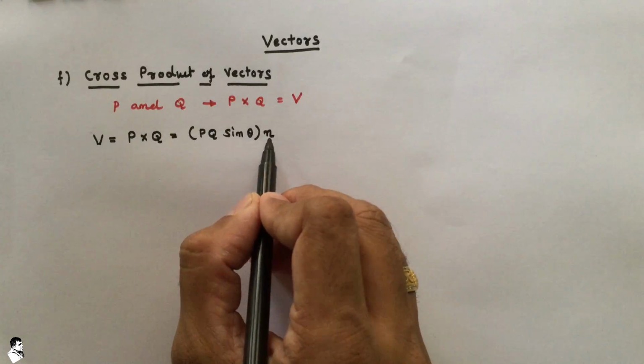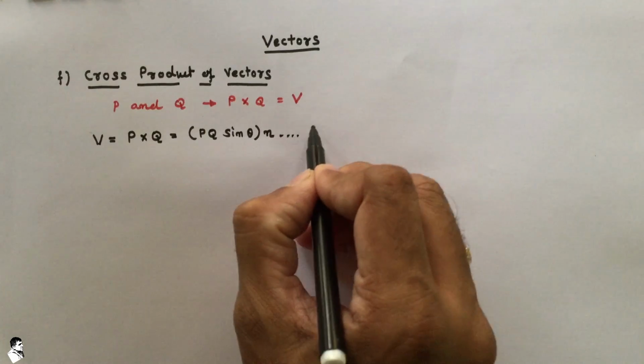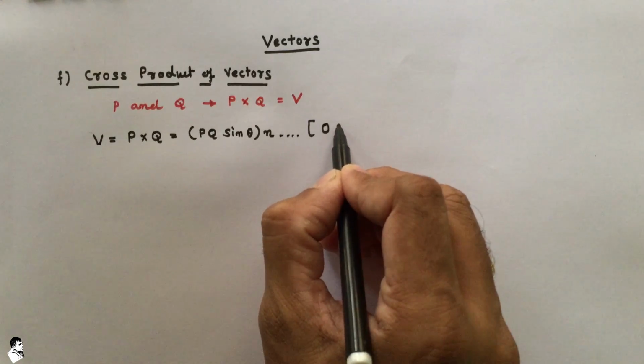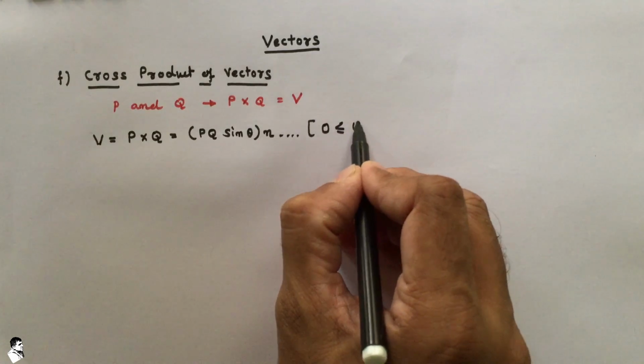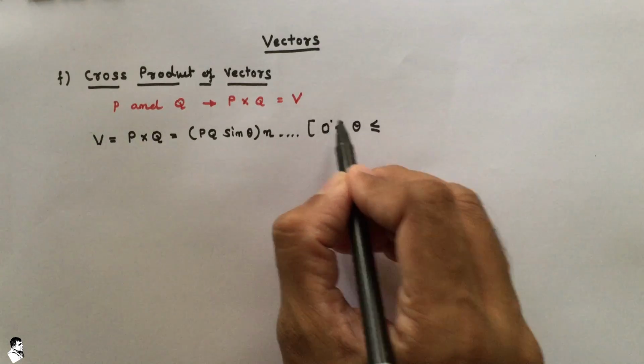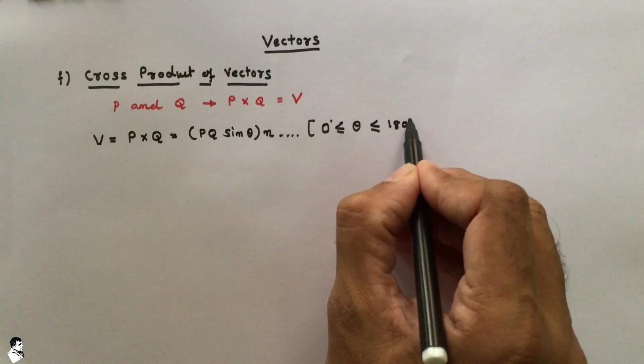And this n is a unit vector when the angle theta is more than 0 degrees and less than 180 degrees.